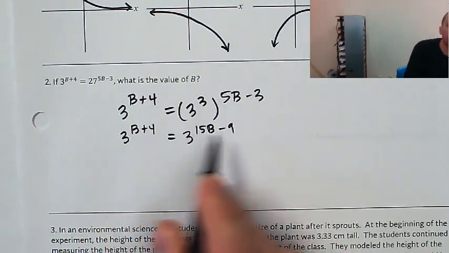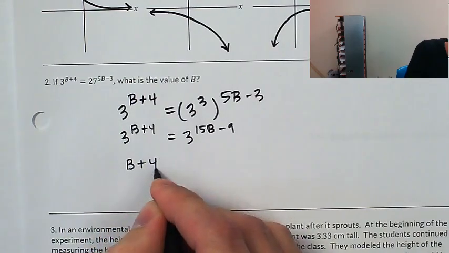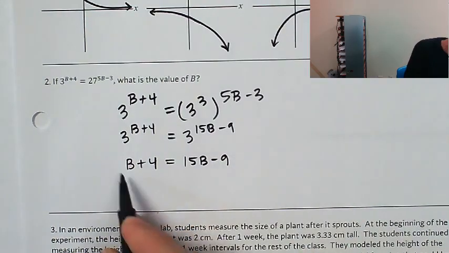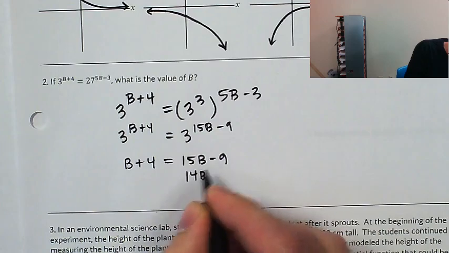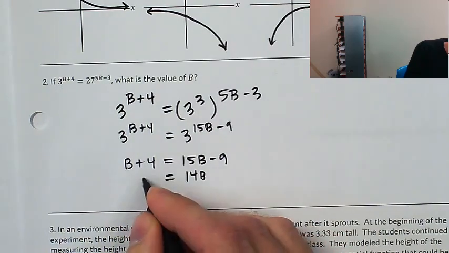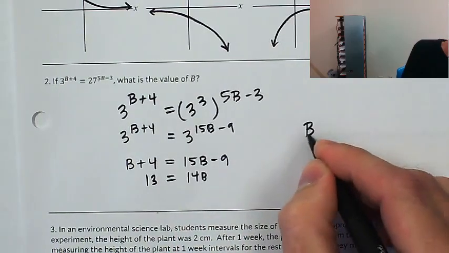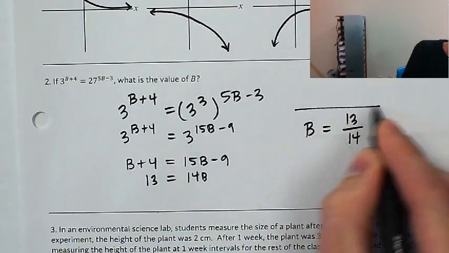Okay. Set the 2 powers equal to each other. Okay, so I'm going to subtract a b. I'll have 14b. Maybe I'll add the 9 at the same time. I'll have 13. And I'll divide both sides by 14, and I'll get b is 13 over 14.